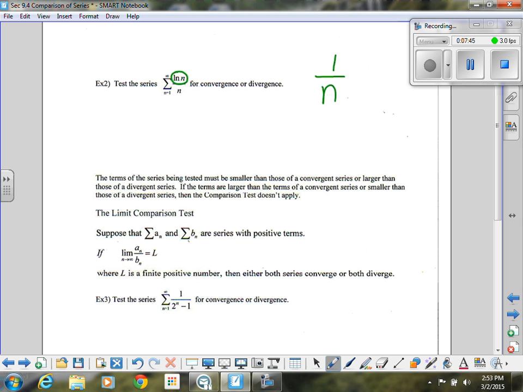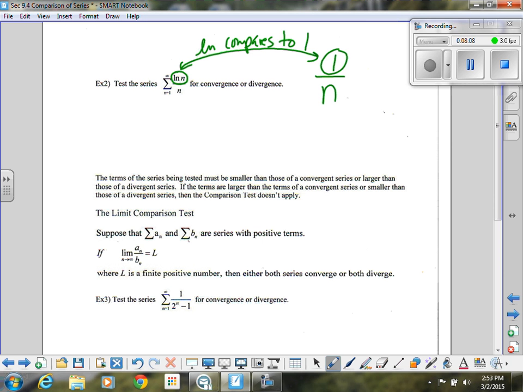The reason I'm going to pick 1 is because I can easily compare natural log to 1. Notice that the denominator will stay the same. Okay, so what do we know about natural log and 1?